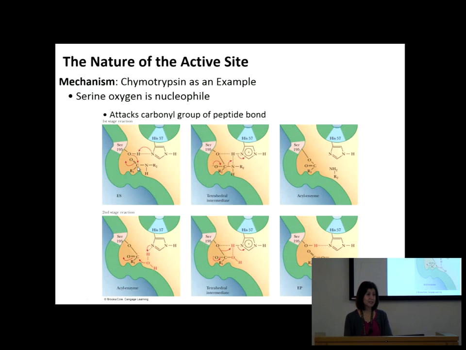Remember, what we were learning at the beginning of the semester is coming together right here. So here we have the hydrogen bonding, and the nucleophilic attack of the oxygen on the serine to the carbon of the carbonyl. That carbon of the carbonyl is partially positive because carbons of the carbonyl, C double bond O, are partially positive. The oxygen is partially negative.